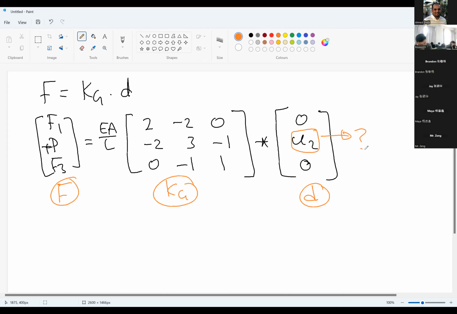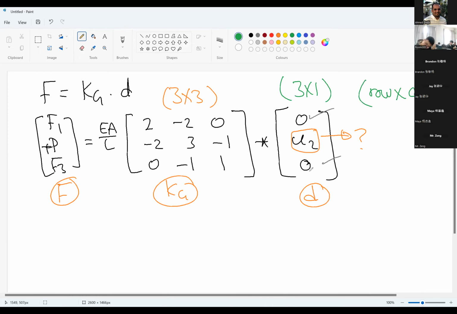How can we do this multiplication? This one is very easy because we have 0 and 0. If you multiply, you know how to multiply: row times column. Can we multiply this matrix and vector? The first matrix is 3 by 3, and the second is a vector of 3 by 1.